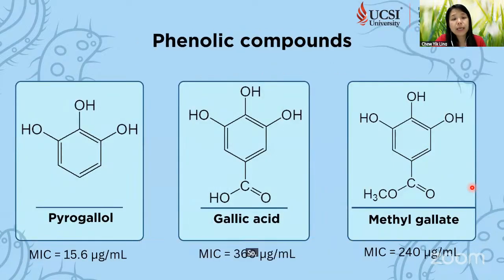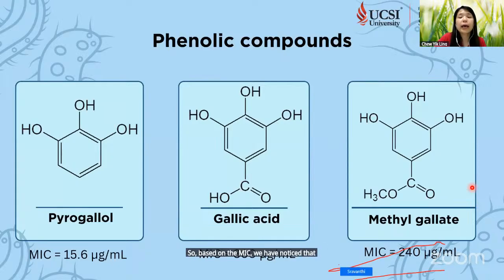Based on the MIC, we noticed that pyrogallol has the lowest MIC value. The MIC value for pyrogallol is 15.6 microgram per ml, whereas gallic acid and methyl gallate have much higher MICs. Methyl gallate's MIC is 240 microgram per ml, whereas gallic acid's MIC is 360 microgram per ml.